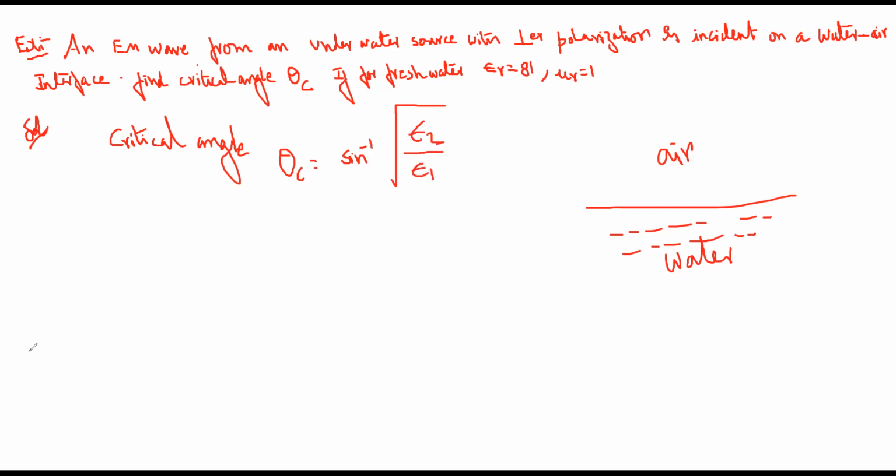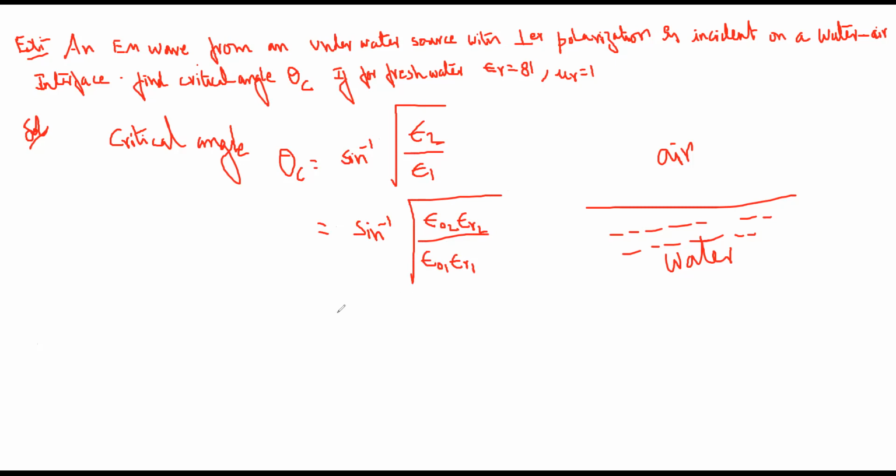That is the formula for the critical angle. Under the root, the second medium is epsilon naught 2 epsilon r2, divided by epsilon naught 1 epsilon r1.